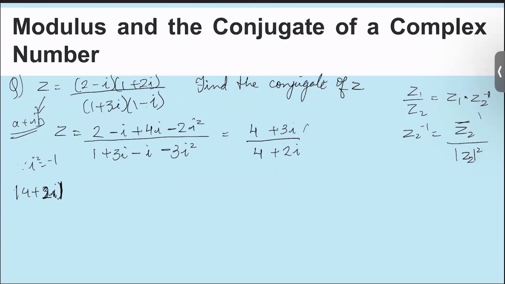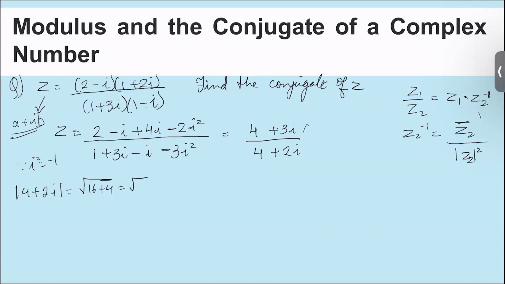So let's find the modulus of 4 plus 2i. The modulus would be the square root of 4 squared plus 2 squared, 16 plus 4, and that is root 20. Okay, and the conjugate of 4 plus 2i is 4 minus 2i.